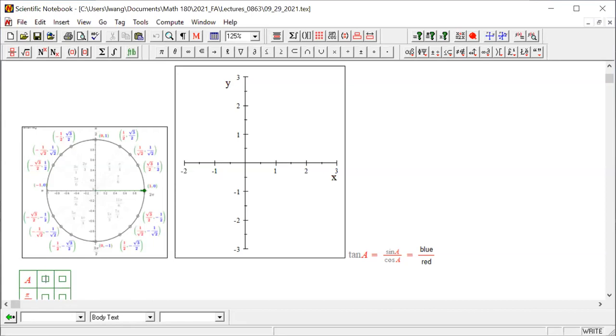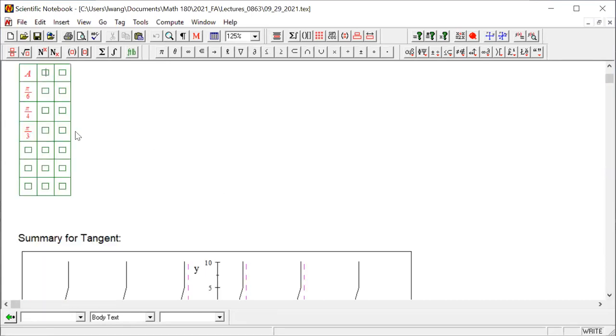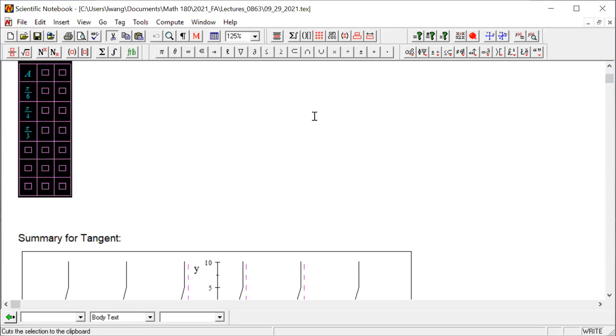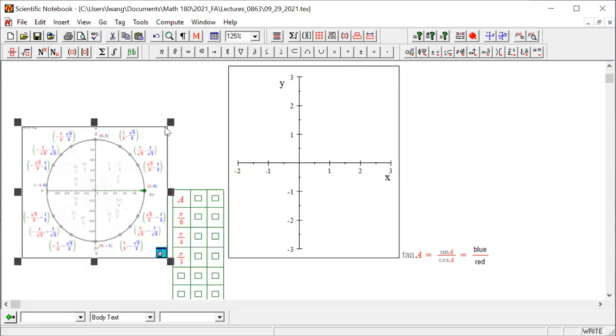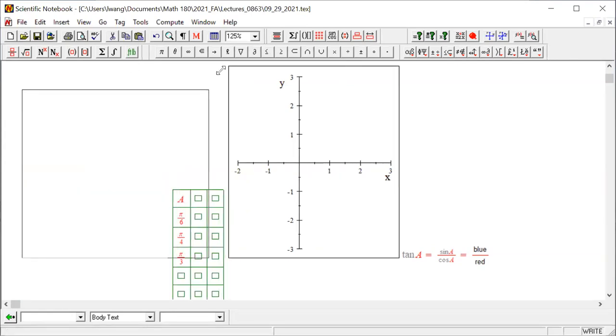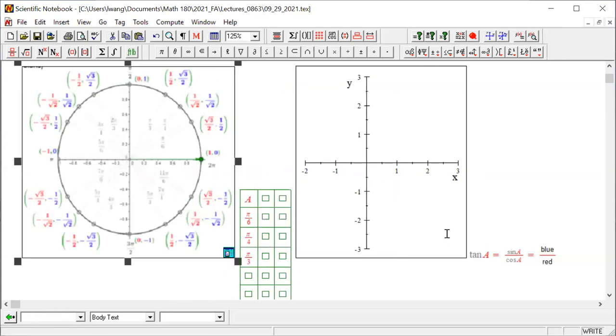So let me bring this table to the top. They don't line up that extremely well, but you are following me, right? Yes. So for these 3 angles, we're going to do the tangent ratio.